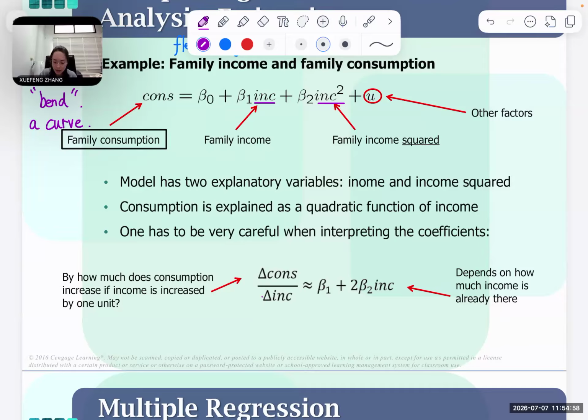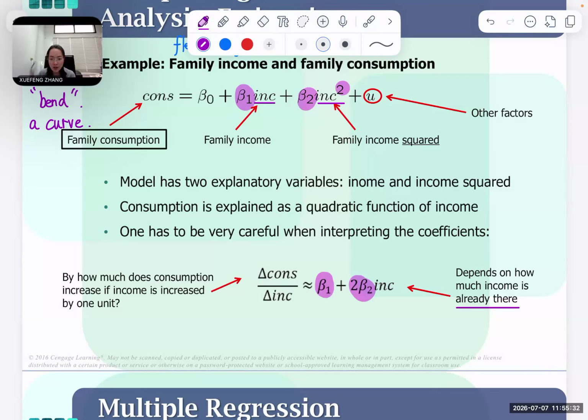Actually, this is about differentiation, right? So you get the parameters, okay? Let me show you beta 1 and 2 beta 2. This is how you take the derivative. So what does it mean? This tells us the effect of one more unit of income depends on the current income level, depends on how much income is already there.